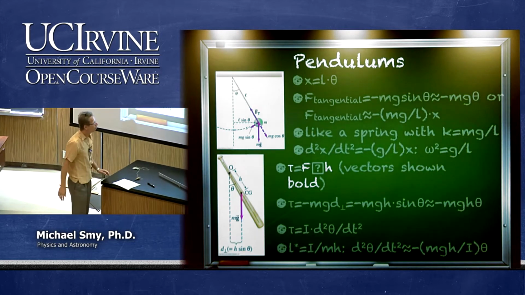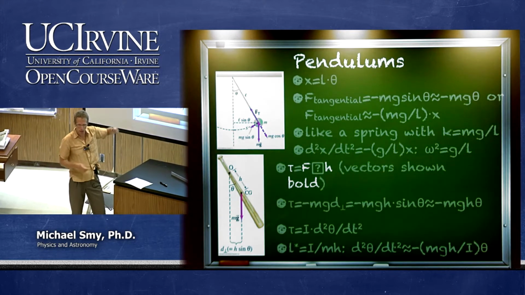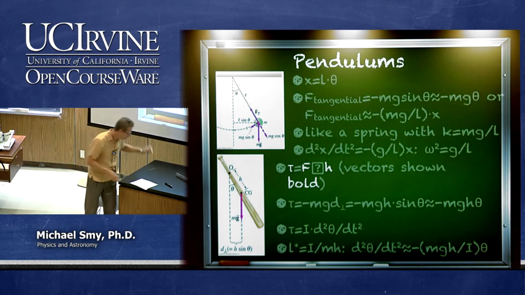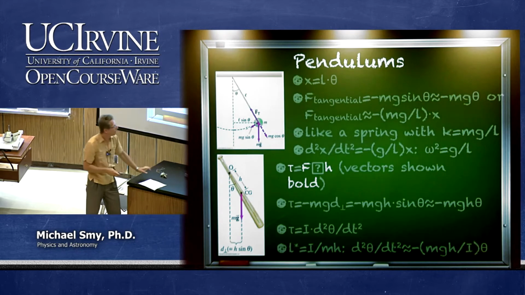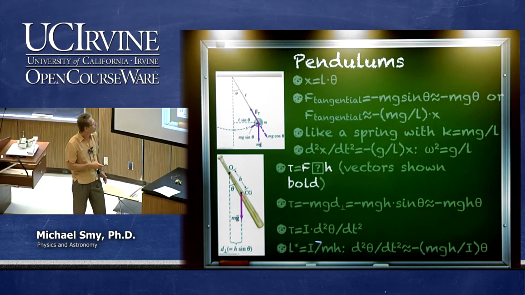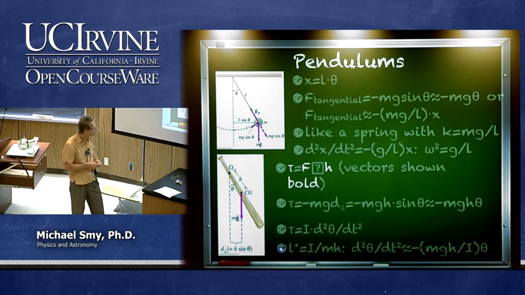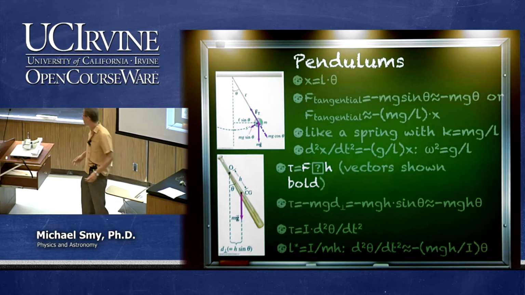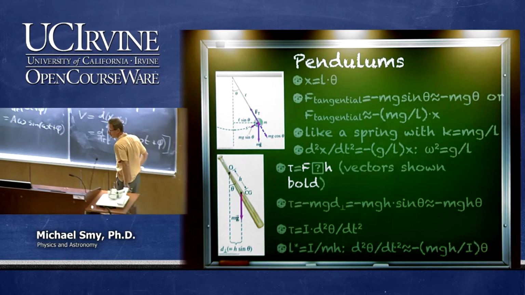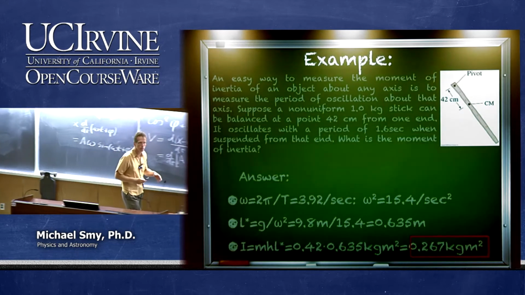Now, the simple pendulum we can use to measure the acceleration of gravity. Assuming we know the acceleration of gravity, we can turn it around and use a pendulum to measure the reduced length, and because of this formula, the moment of inertia. I'll do this in an example.